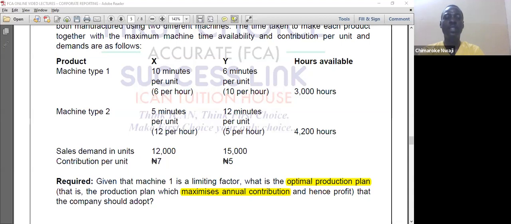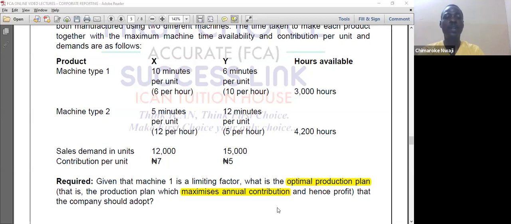Now look at the sales units. In the question, we were told that our sales unit for Y is 15,000. After identifying that our sales unit is 15,000, we'll write it tentatively.